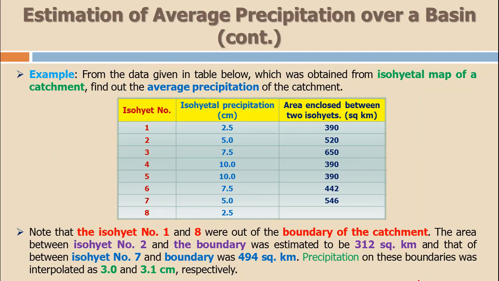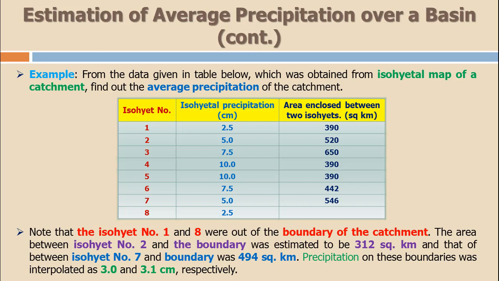The second example is just like the previous one, but here it is important to ignore the boundary, the first and the last isohyet, as these are out of the catchment.